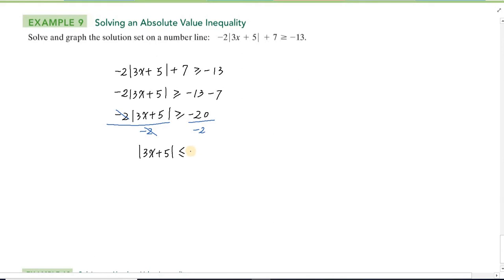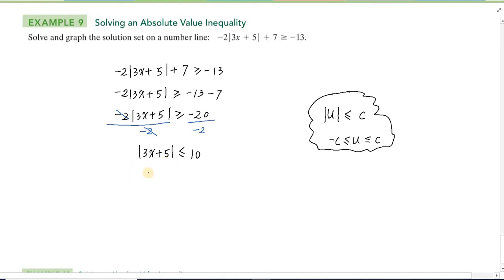Then we're going to have less than or equal to 10. Now is the time we use the absolute value of u rule. If it's less than or equal to c, then we're going to have u greater than or equal to negative c, and less than or equal to c. So make sure you remember this.